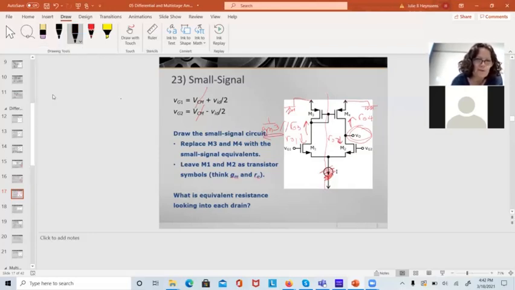It's really subtle, and I just never needed to know this before, but Dr. Brower thought it was important. Looking into the output right here, I see RO2 in parallel with RO4, because that's where the output is.